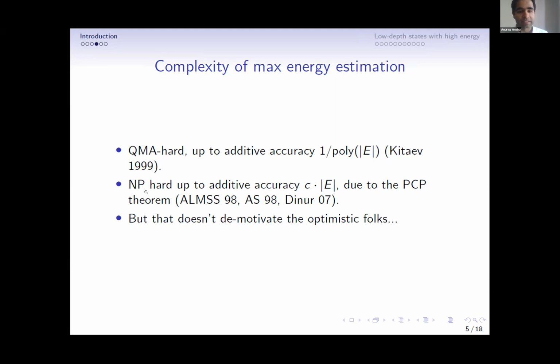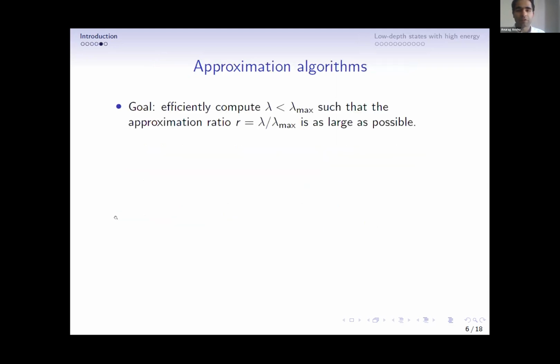our techniques and algorithms. So one of the standard problems in this area, classical and quantum, is: how well can I really approximate this max energy? Can I efficiently find a number lambda, given a Hamiltonian H which someone has specified to me very properly, such that the ratio between lambda and the max energy, taken over all possible Hamiltonians that you're interested in, is as large as possible?